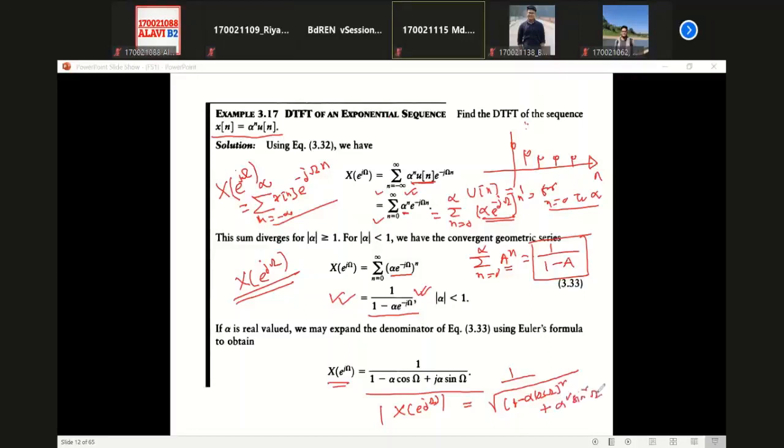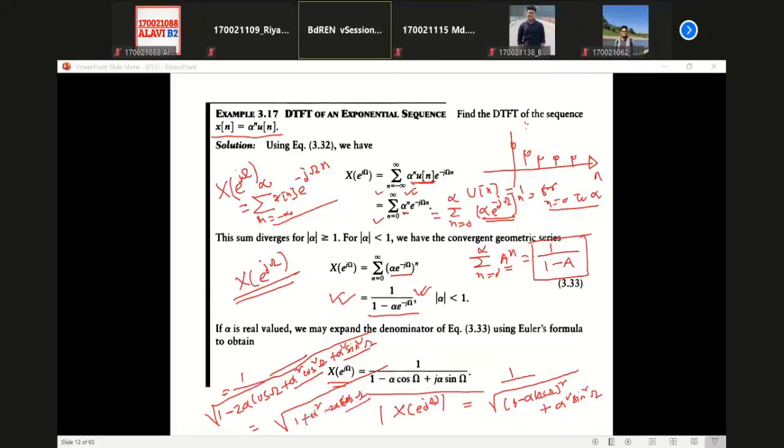Then you can easily write this equation in this form: 1 divided by the square root of 1 minus 2 alpha cosine omega plus alpha squared cosine squared omega plus alpha squared sine squared omega. Then alpha squared cosine squared and alpha squared sine squared add up to alpha squared, so it will be the square root of 1 minus 2 alpha cosine omega plus alpha squared.